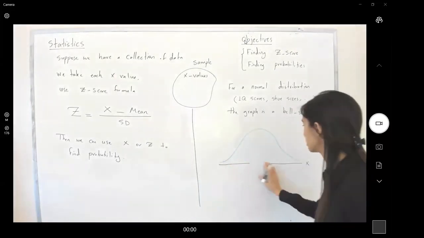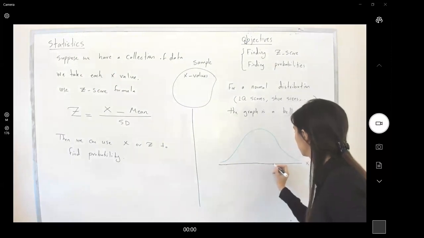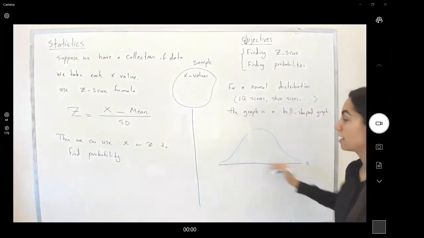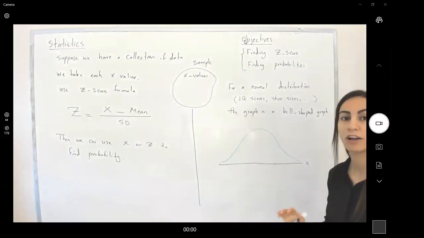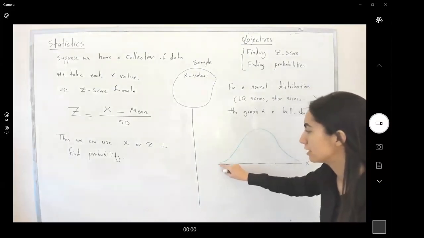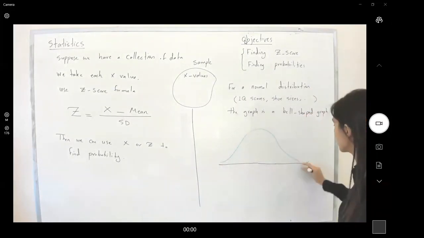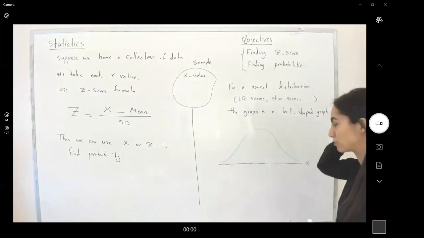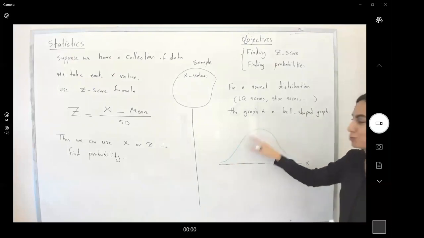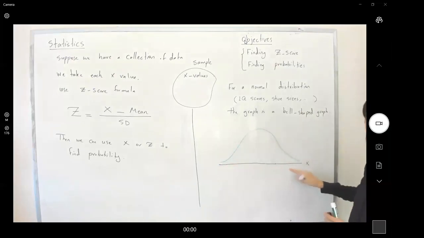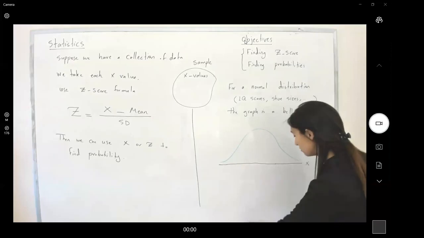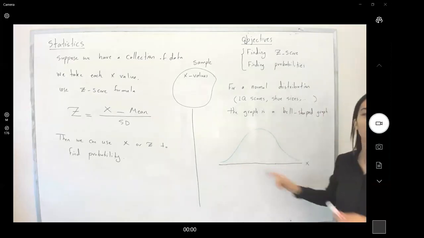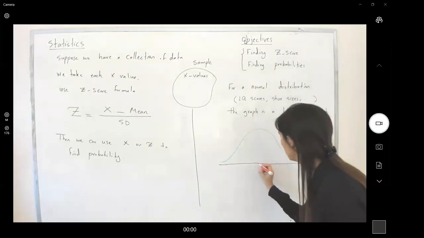Note that, first of all, the tails of the graph are not touching the x values. There is a small distance between the green bell-shaped graph, the normal distribution, and the x values. In the middle, we have our mean, the balancing point.